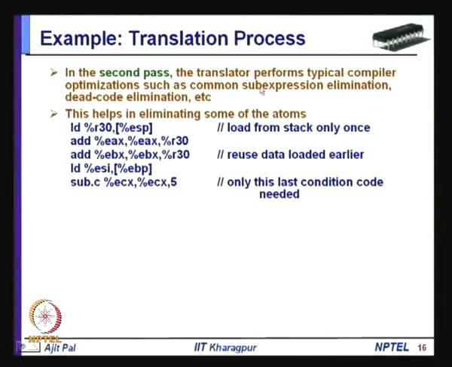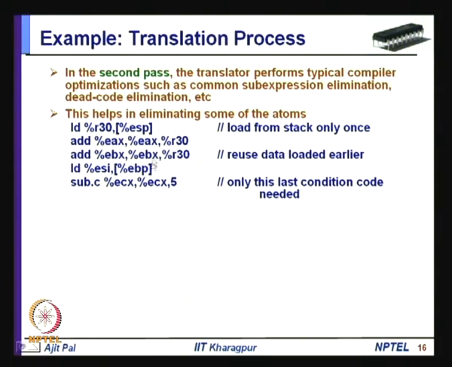With common subexpression elimination, if the same computation has been done maybe 4 times, only one computation is sufficient. Those things can be removed with the help of an optimizing compiler, and I have given 2 such examples. There are several such optimizations performed by optimizing compilers. So, in the second pass, those optimizations are done.